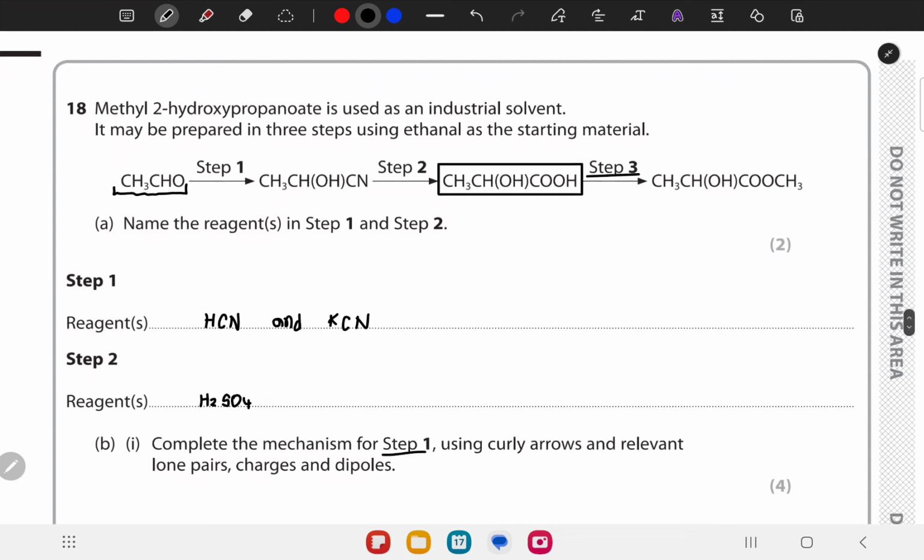So for this CH3CHOHCOOH, we added CH3OH.